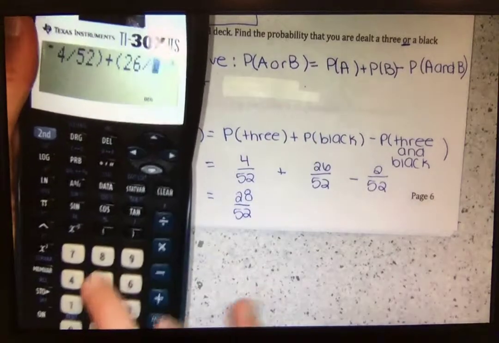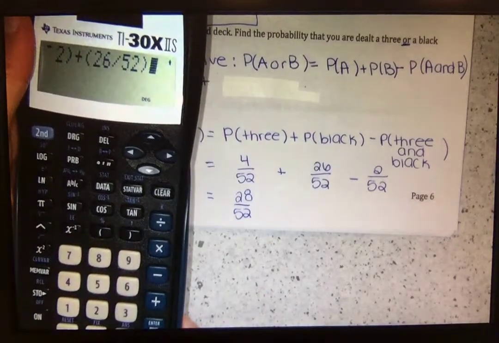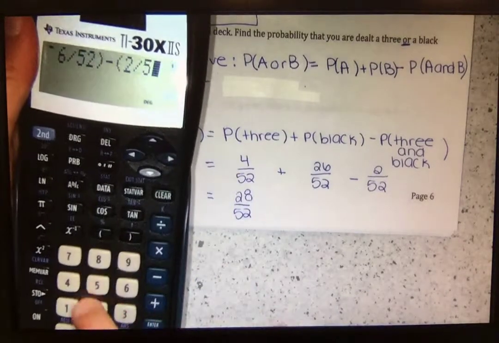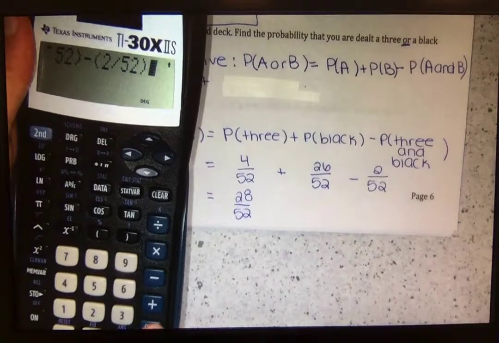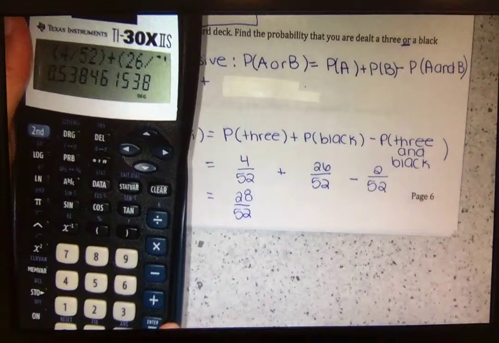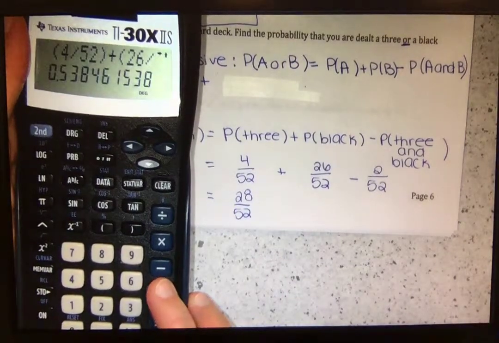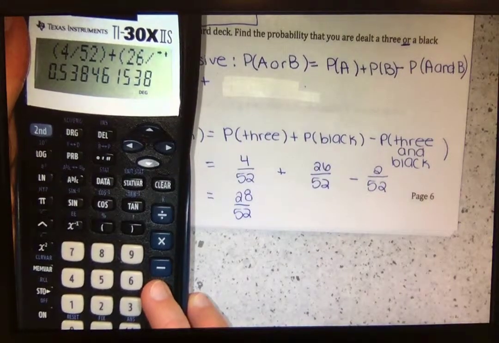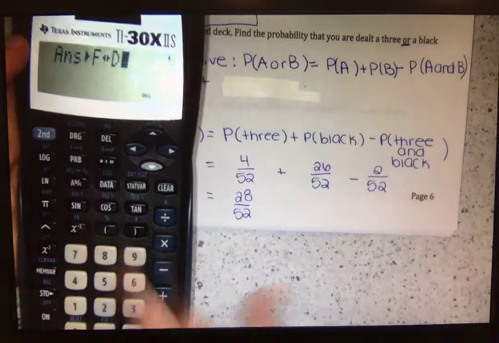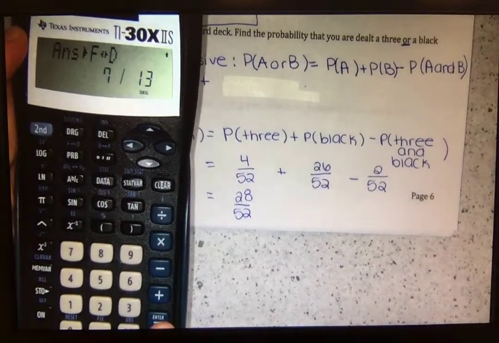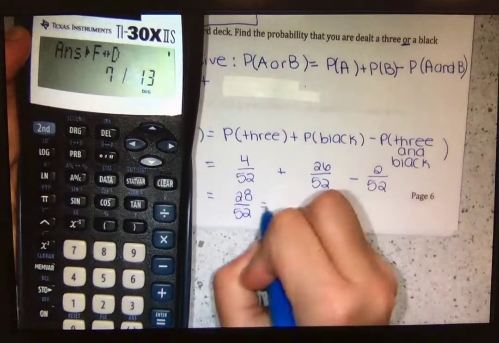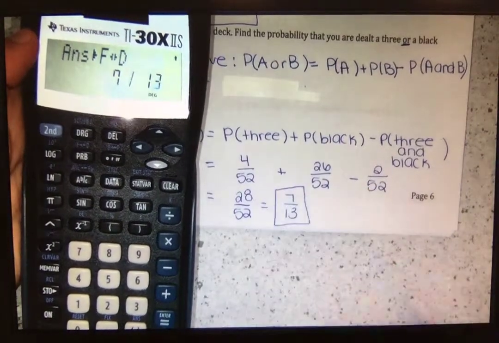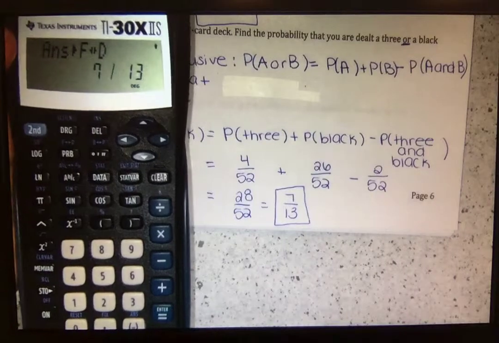Plus 26 out of 52, still in its own parentheses, minus 2 out of 52 equals, we get a crazy decimal, 0.538461538. Changing that decimal into a fraction, we get 7 over 13, which is our simplified fraction. That is our answer. The same thing for a graphing calculator.